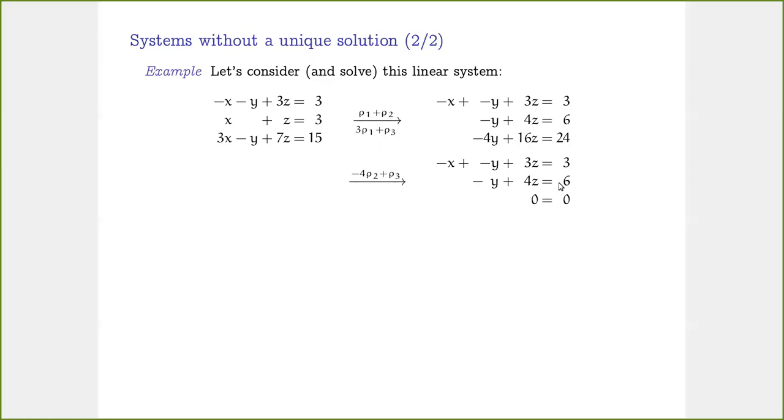Now, it turns out there's lots of choices because I have 3 variables and only 2 equations. So I can choose z here, any z I want, and then solve for y, and then take that y and plug it in, put the z I chose here, put the y I chose here, and find x. So for every z, there's going to be a solution. For example, if I choose z equals 0, I'm going to get y equals minus 6.